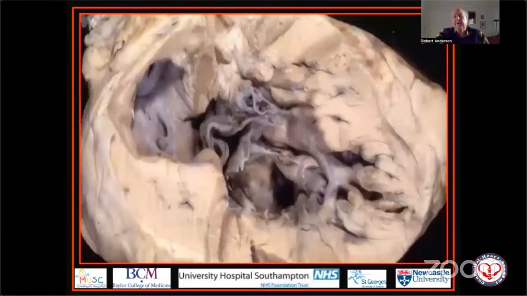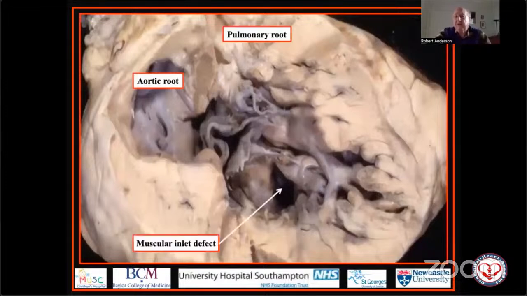In this heart, however, there is no question but that the defect is non-committed. It's the aortic root, the pulmonary root, and there is the defect. It is a muscular defect within the inlet part of the ventricular septum. And as you see, the tricuspid valve is interposed between that muscular inlet defect and both of the arterial roots.